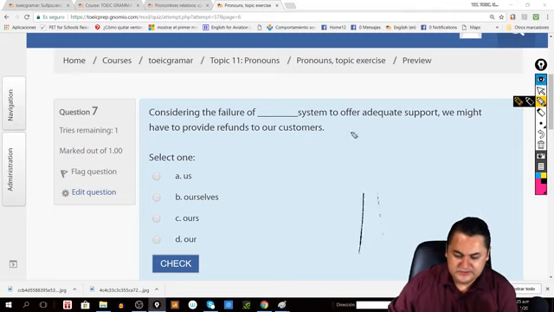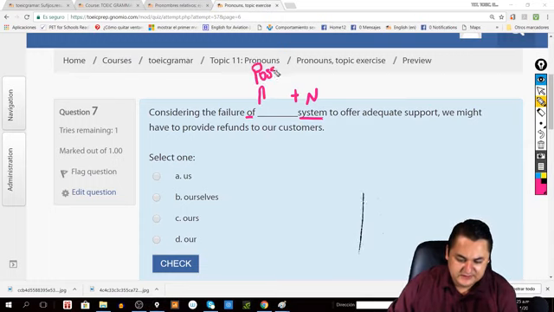In this case, we have a preposition and we have a noun. System is a noun. And before nouns, we can have possessive adjectives.